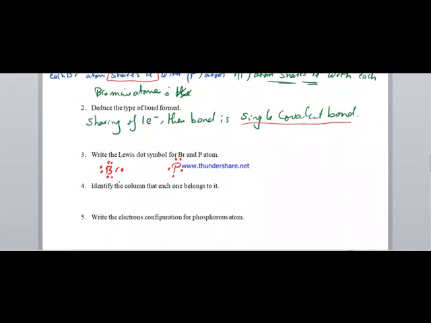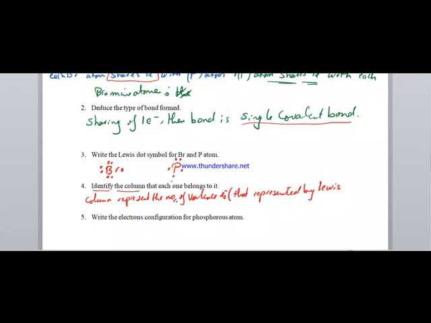Identify the column to which each one belongs. We need an explanation. The column represents the number of valence electrons, and the valence electrons are represented in the Lewis dot symbol.